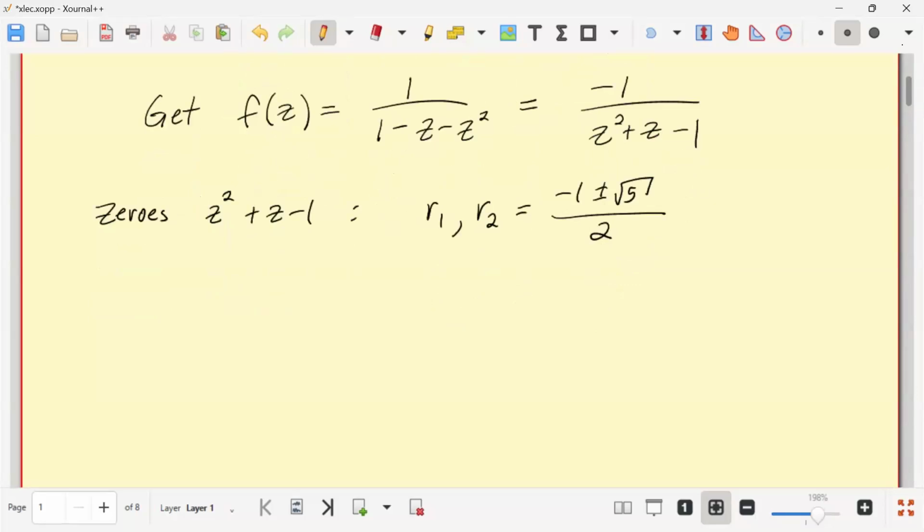Let's take R1 to be the famous one. That's minus 1 plus the square root of 5, so that's a positive thing in the numerator there, over 2. That's the famous golden ratio number. And let's take R2 to be equal to negative 1 minus the square root of 5 over 2.